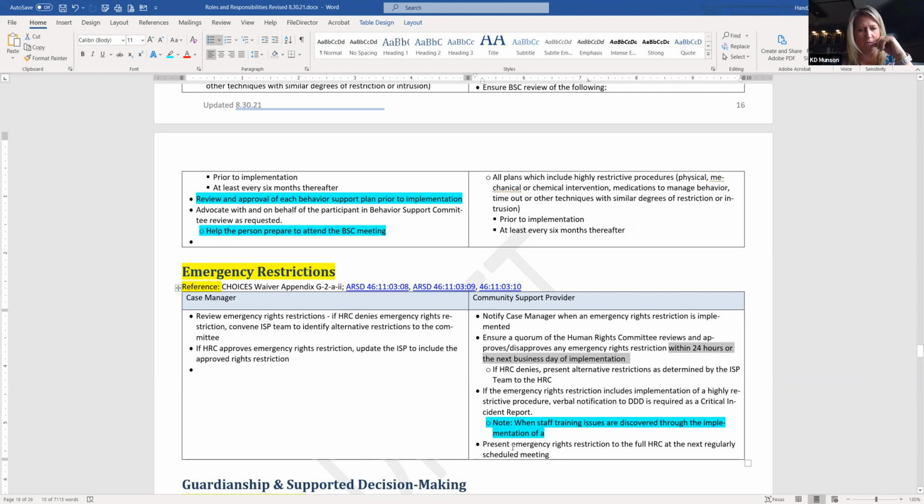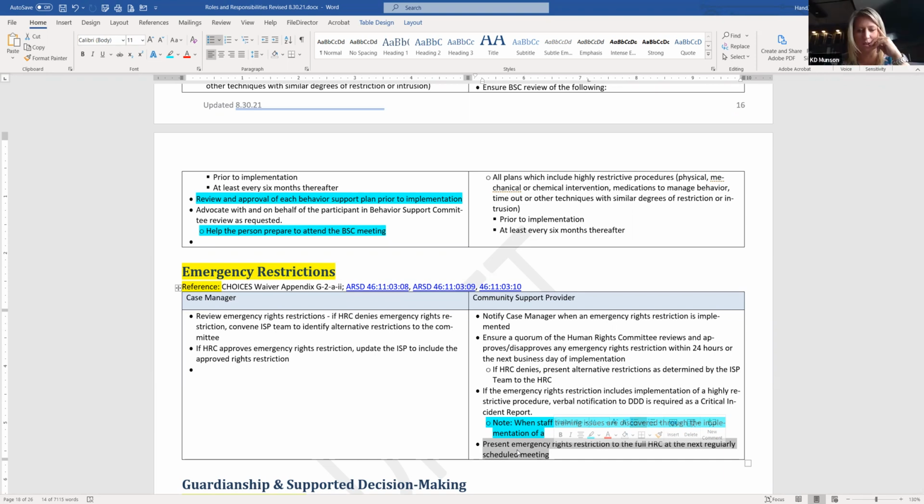At the regular, yes, for emergency restrictions there are the 24 hours. I missed that, okay. And then if they deny, then you also have to, at the next full HRC meeting, bring forward any emergency restrictions that were implemented.